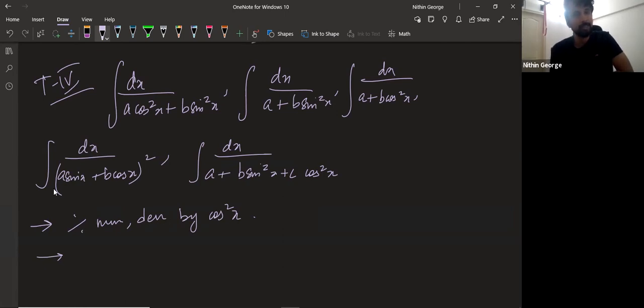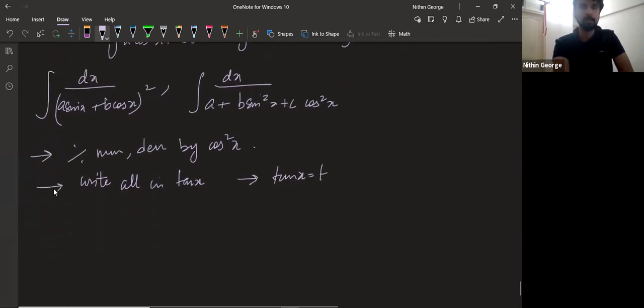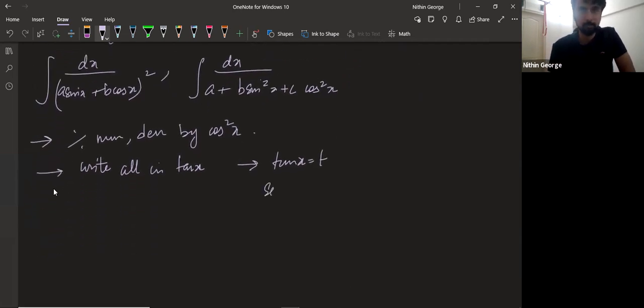And in the denominator, you'll write everything in the form of tan x. And then you put tan x equal to t. Why? Because sec square x dx will become dt in the numerator.